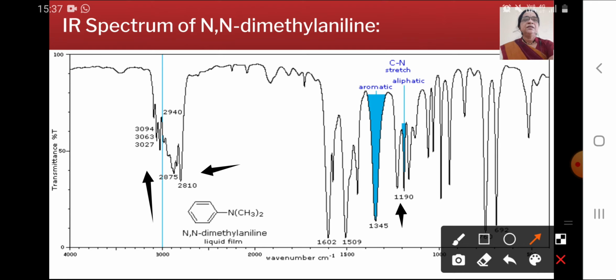This region shows the presence of the aromatic ring, indicating an aromatic amine, and it shows the tertiary amine, that is N,N-dimethylaniline.